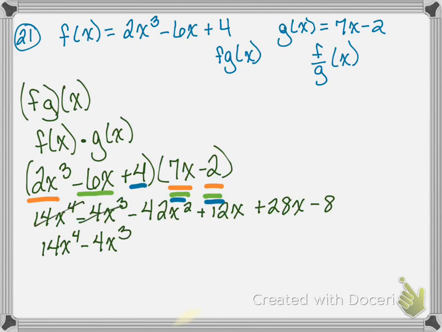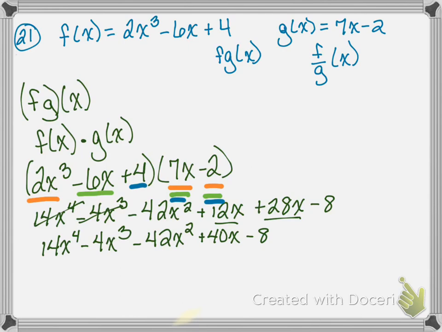I actually do not have any x squareds to combine with my negative 42x squared, but I do have some x's. So I have 12x and I have 28x, and so that does give me 40x minus 8. Okay, so f times g of x is 14x to the fourth minus 4x to the third minus 42x squared plus 40x minus 8.